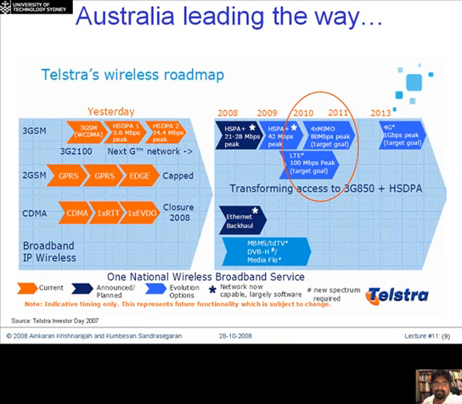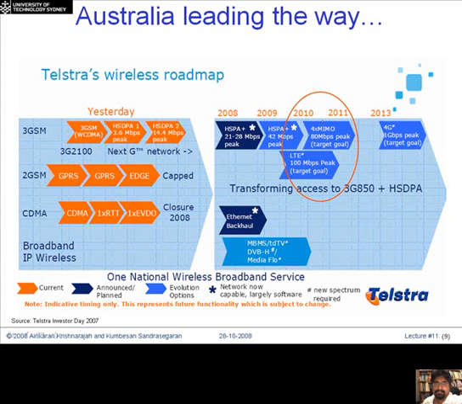I think you've seen this slide before with Sandrasegaran. It shows how Telstra is planning to roll out their networks. They've already gone with HSDPA, and now they're testing and rolling out some HSPA networks. They have it on both downlink as well as uplink, and they're planning to move further.